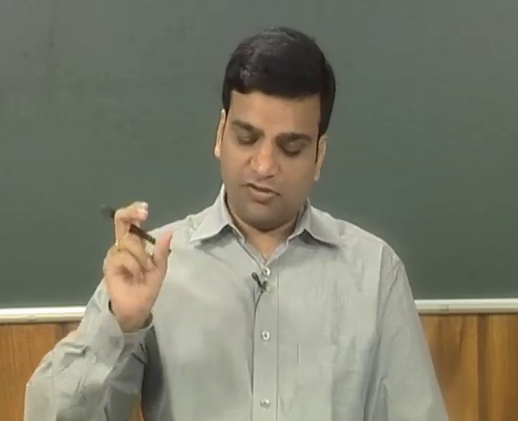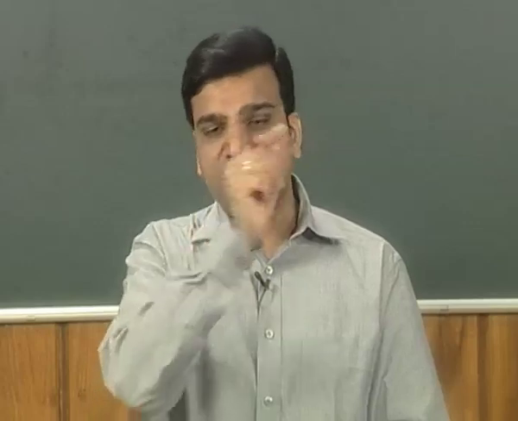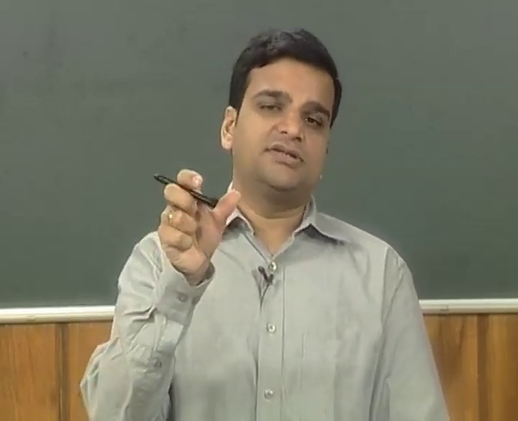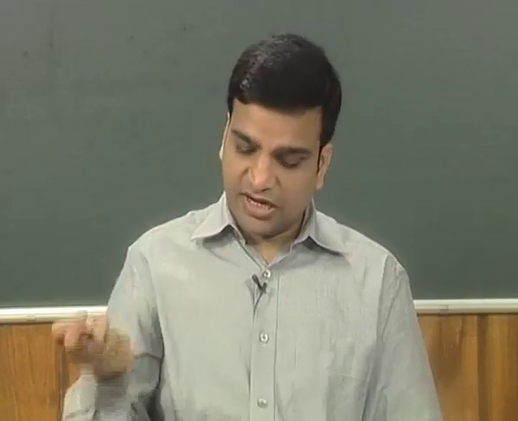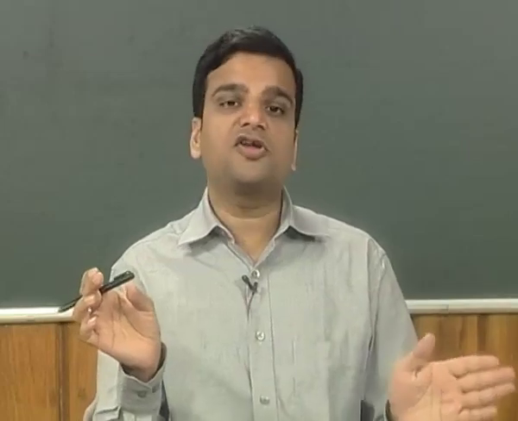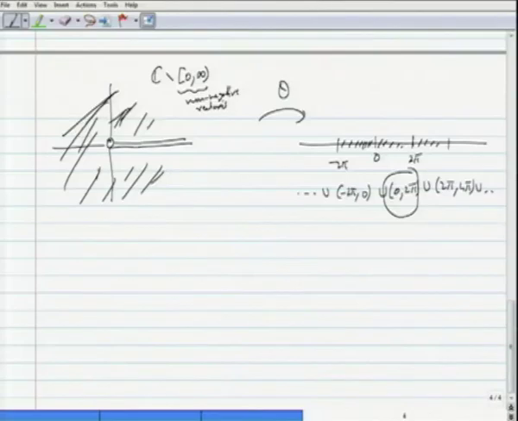To construct a continuous function, we choose one particular interval, let us say 0 to 2 pi. If we pick the piece 0 to 2 pi, we can construct a continuous argument function from C minus 0 infinity to this interval. That is the idea.